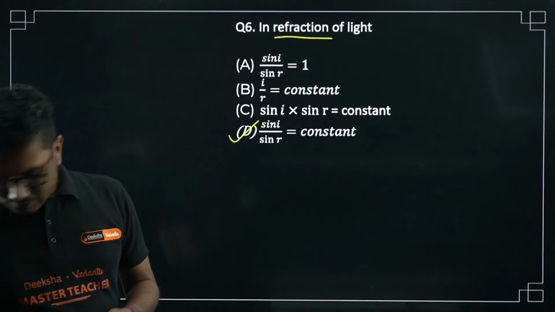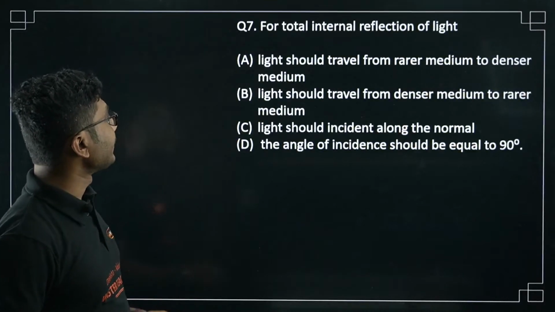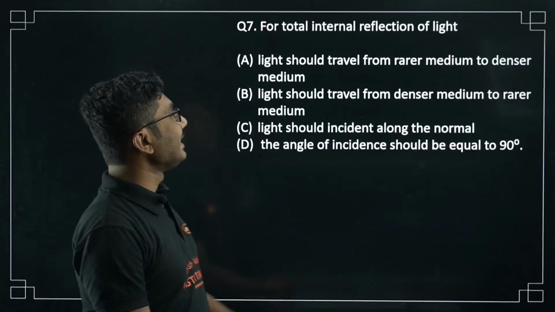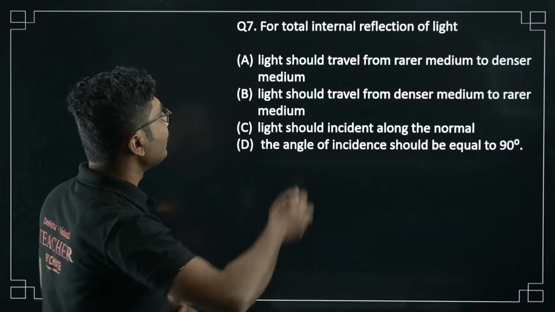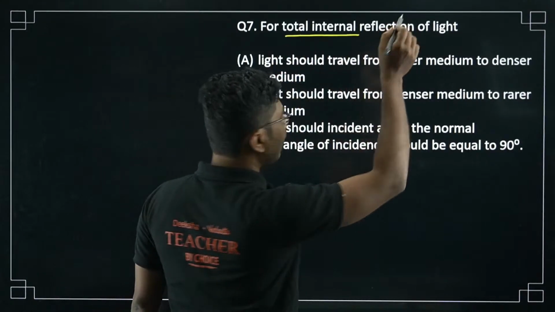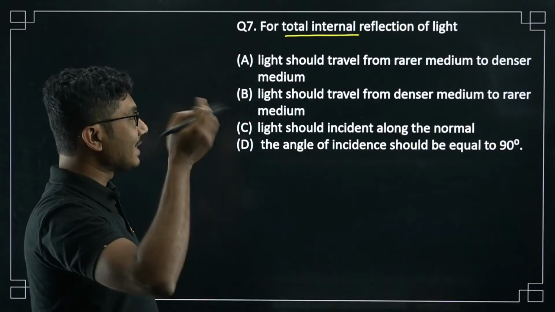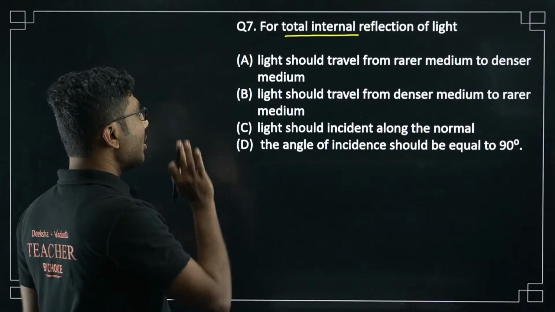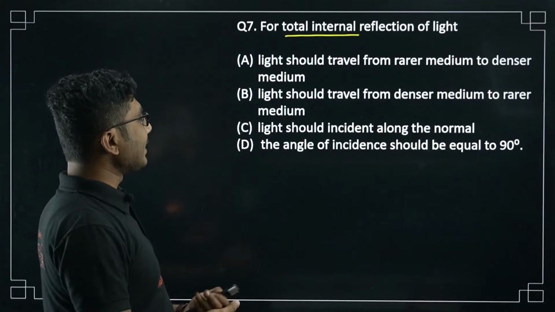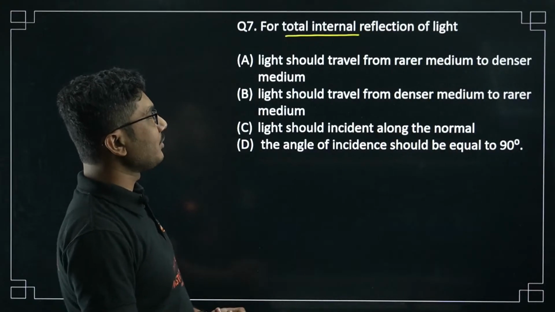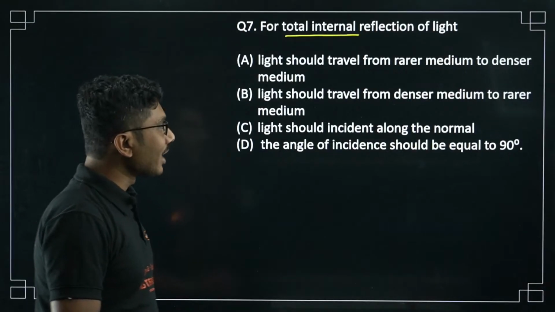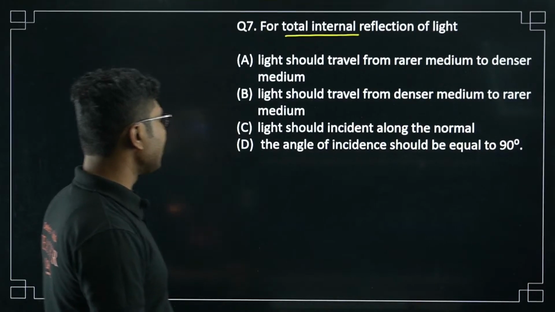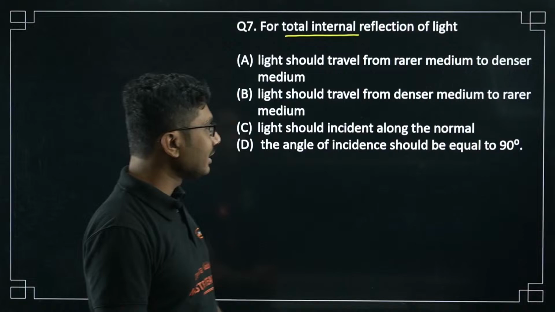Now let's move on to question number 7, for total internal reflection of light. We have moved into total internal reflection. We started with mirrors, then refraction, now total internal reflection. Light should travel from rarer medium to denser medium. Light should travel from denser medium to rarer medium. Light should be incident along the normal.